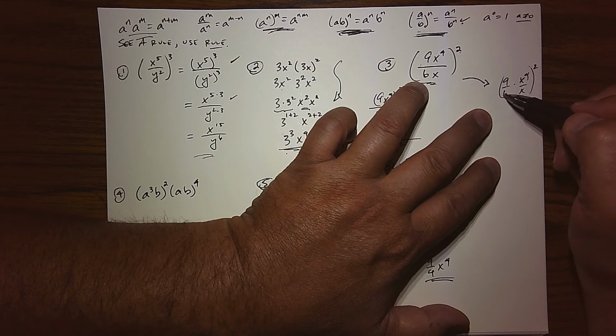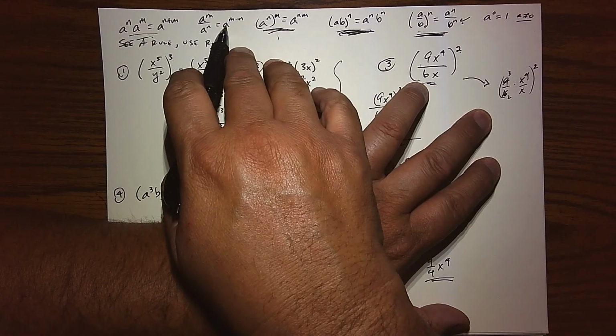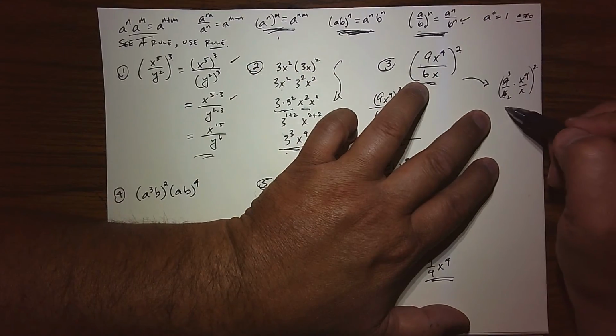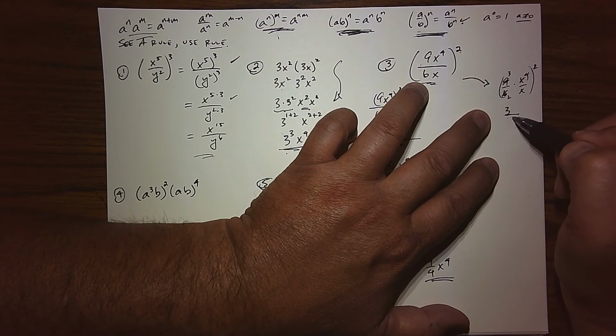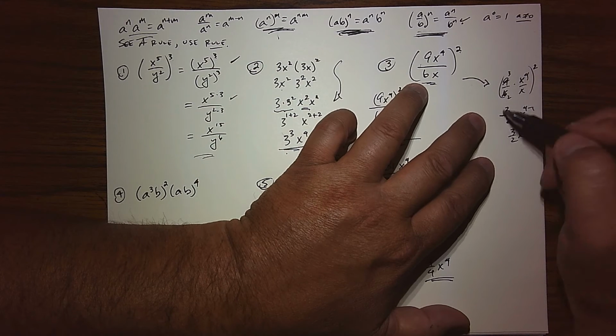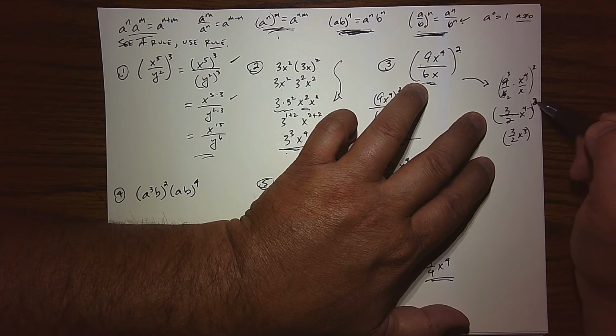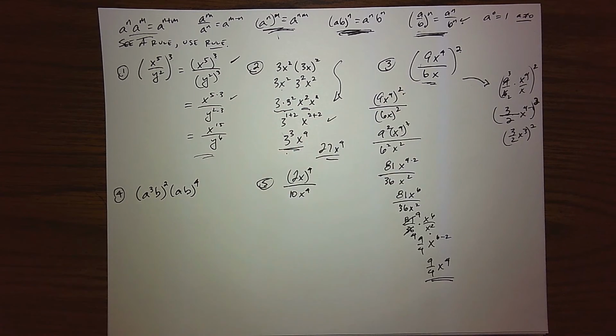Here I can see that 3 goes into there twice, and 3 goes in there 3 times, and that's an opportunity to use my quotient rule. So I basically have 3 over 2, and this is x to the 4 minus 1. So we basically have 3 halves, x to the 3rd. Now, of course, all of this is still being raised to the 2nd power, so I haven't done that yet.